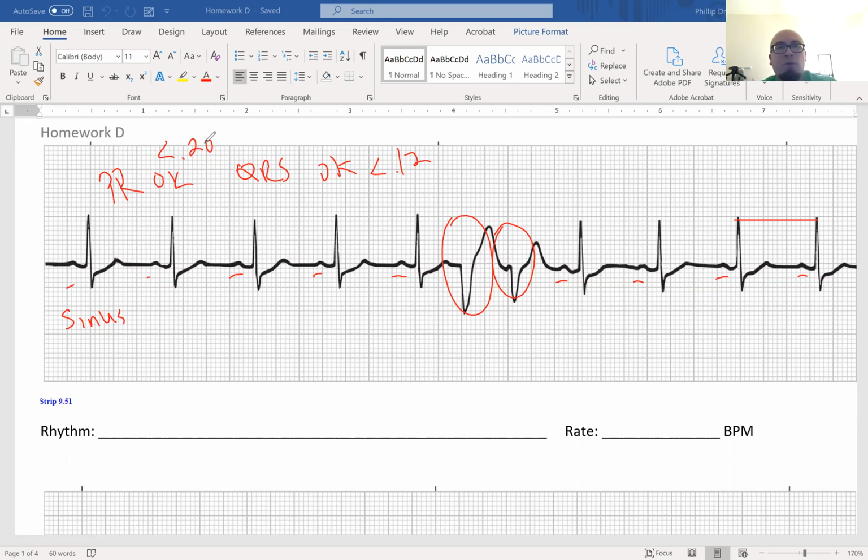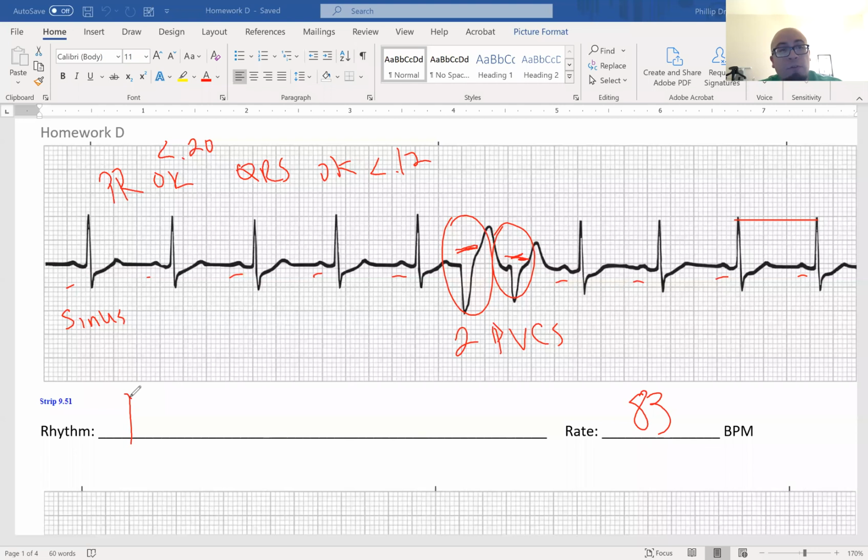Okay, step 4, abnormal beats. I got 2 PVCs, right? We have a wide QRS there and a wide QRS there. 2 PVCs. So let's calculate the rate. 300, 150, 100, I don't know, somewhere about 83. 83, 87, 85. What we do know is it's between 60 and 100.